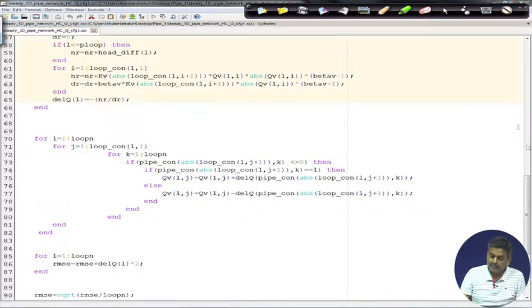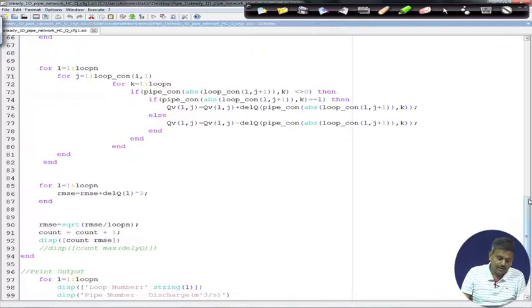With this I can calculate RMSE: RMSE equals square root of RMSE divided by loop number, because for each loop we will have one del q. So, I can display this count and RMSE value here.